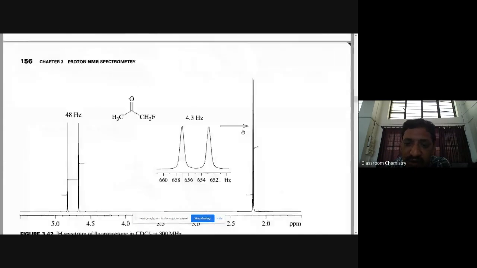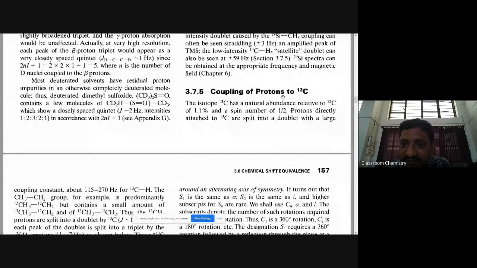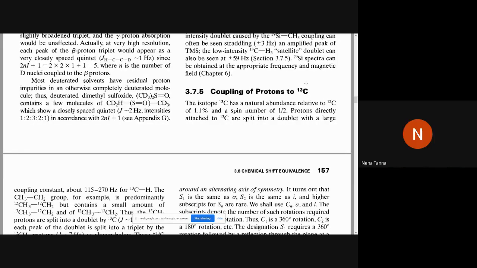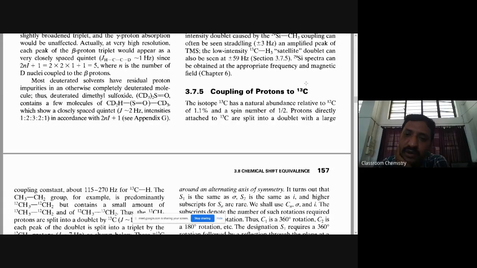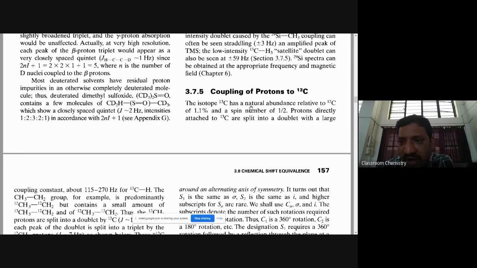Now, what is the most important part we want to see, that is C13. And you know that after proton NMR spectroscopy, you will study the C13 NMR spectroscopy. Yes? As compared with C12, C13 only having 1.1% abundance.